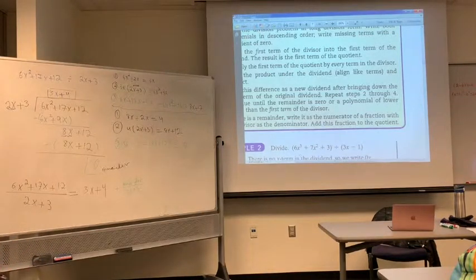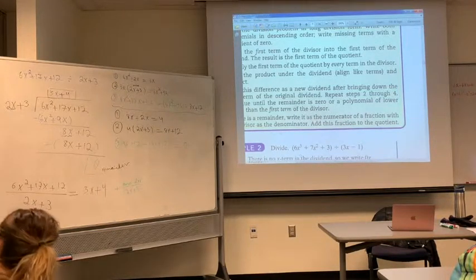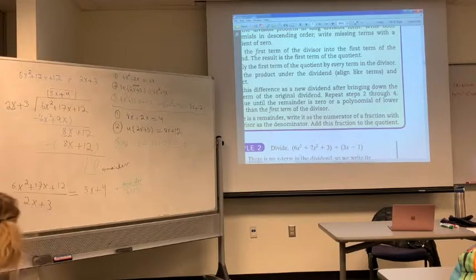Oh, you know what happened? Okay. You have 7x squared. And you are going to subtract whatever is here from this one. So negative multiplied by negative is positive, so 7x squared plus 2x squared is 9. So I did put 9.